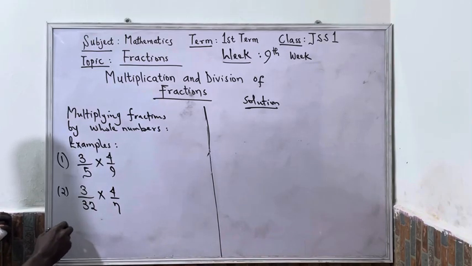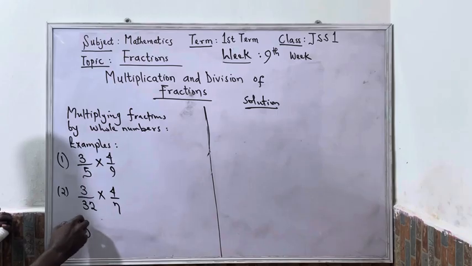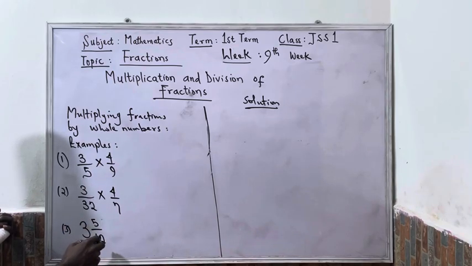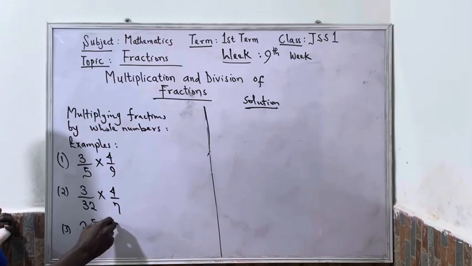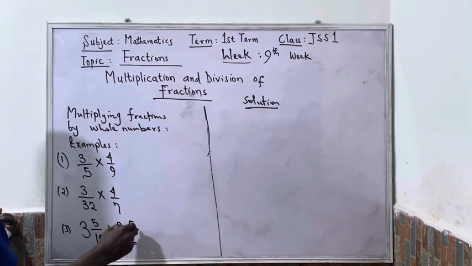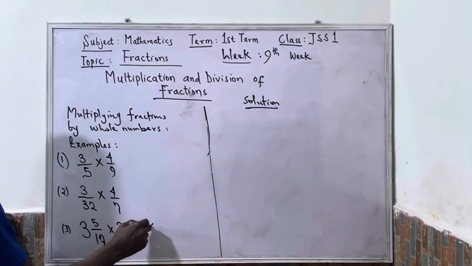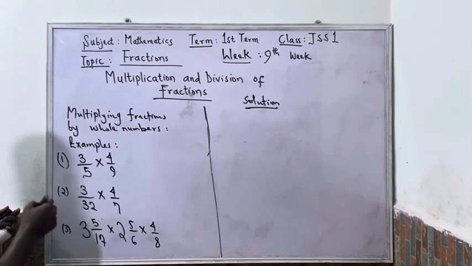Number 3 says, okay, let's go a little bit higher. 3 whole number 5 over 17 times 2 whole number 5 over 6 times 4 over 8.